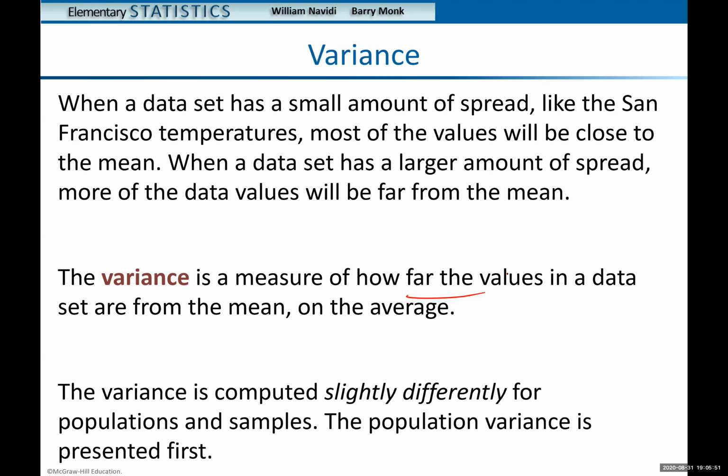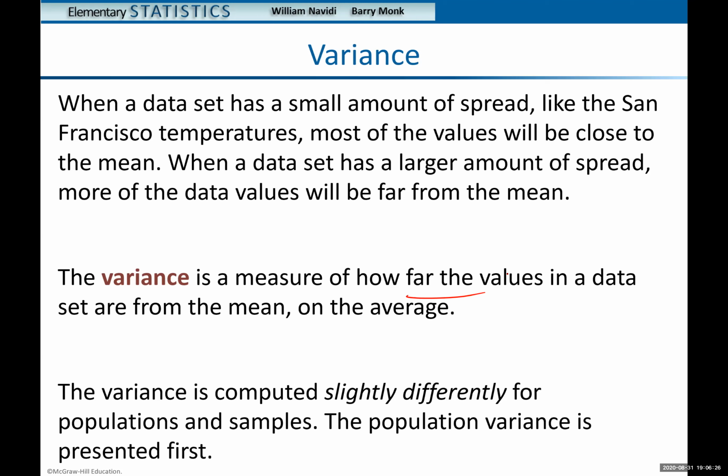And when a data set has a larger amount of spread, then definitely those values will be far away from the mean. So again, variance is a measure of how far the values in a data set are from the mean.